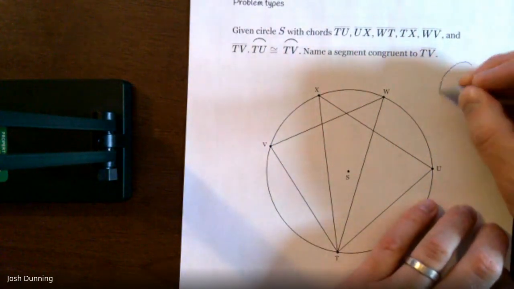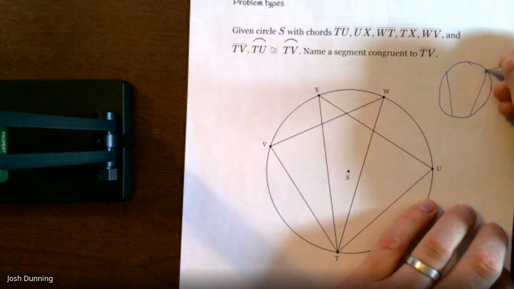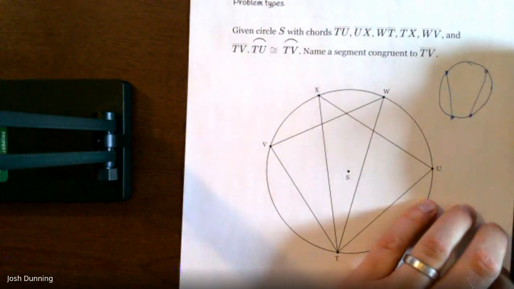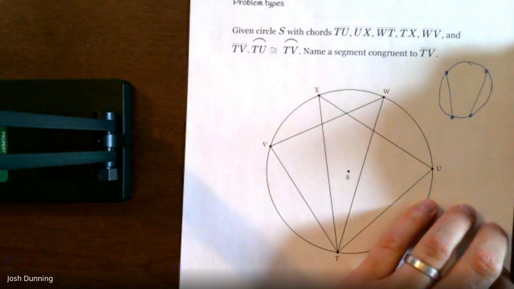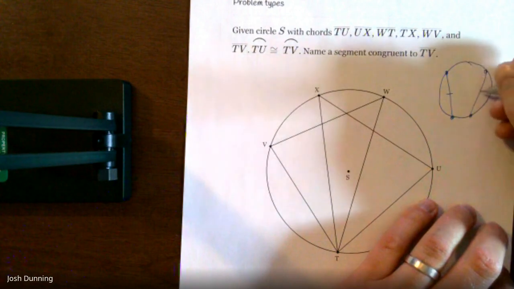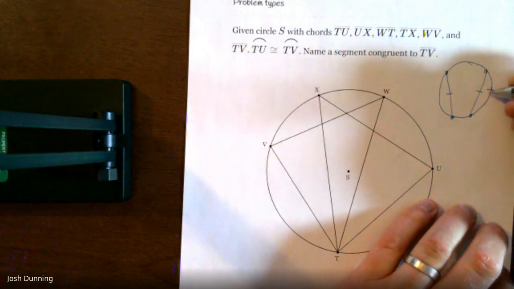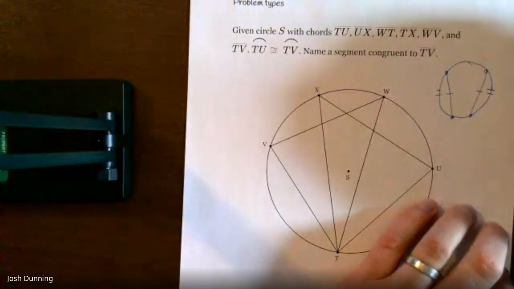Now, one of the rules we went over, if you take a look at two chords, again, a chord is just a line that connects two parts of a circle. If the chords are congruent, then the arcs that they cut out are congruent.